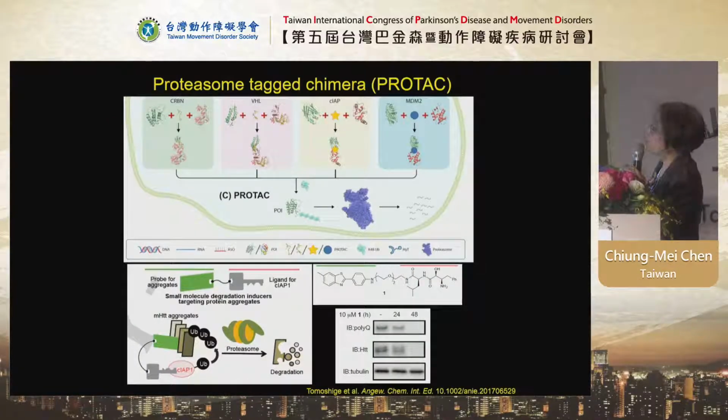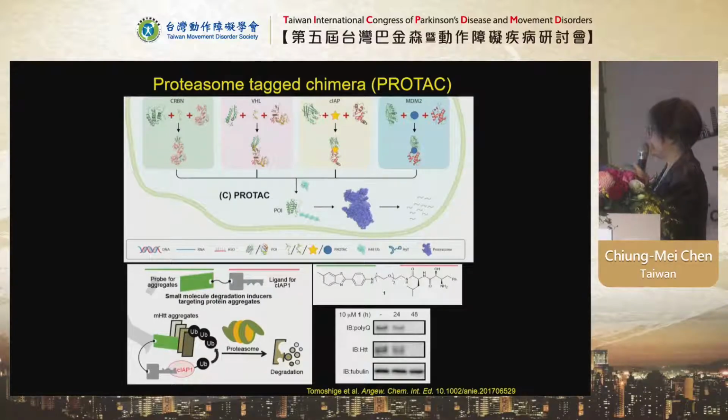Here we show you a system utilizing an indicated E3 ligase. The compound binds to the E3 ligase and the protein of interest, then induces polyubiquitination of the POI, then brings the POI to the proteasome for degradation.